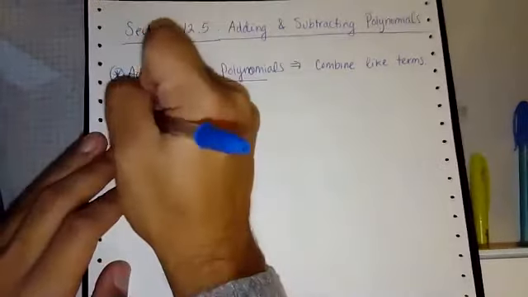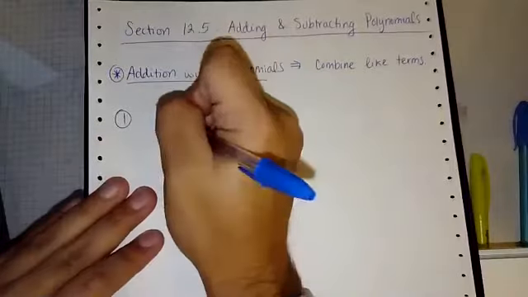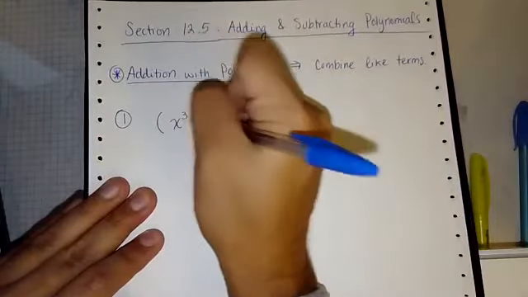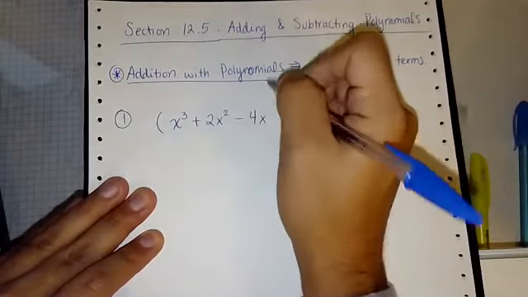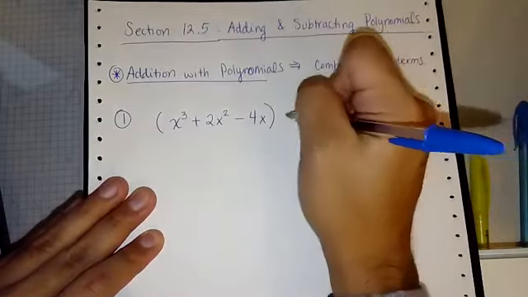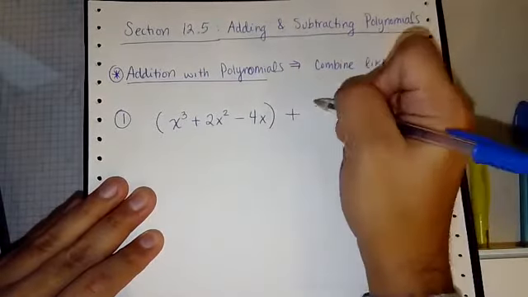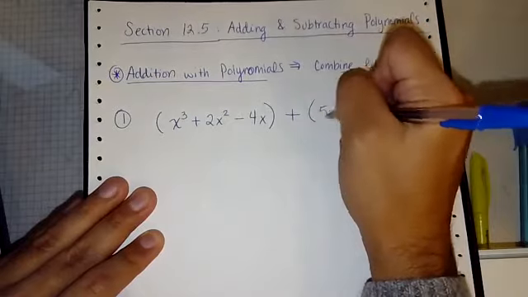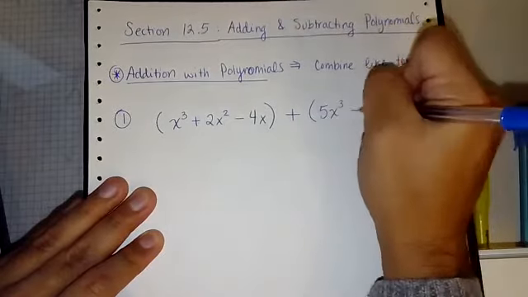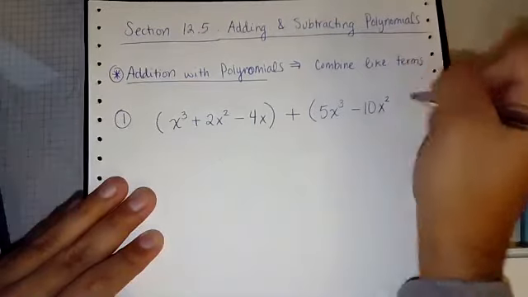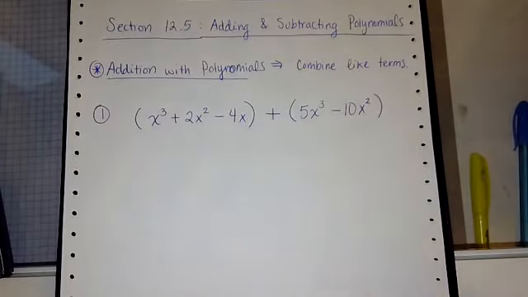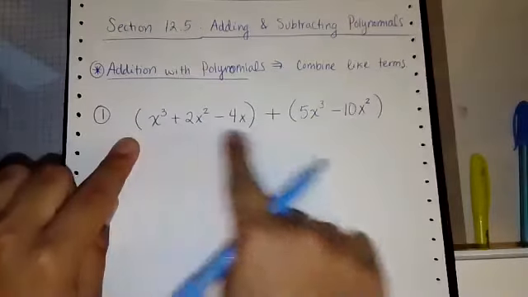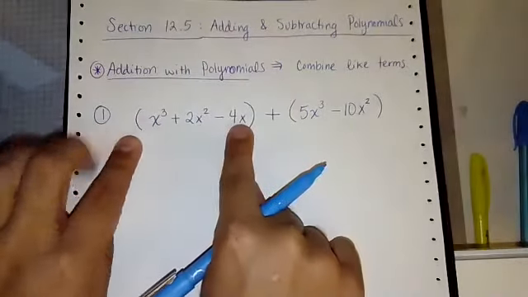So let's get some practice problems in. Let's say that I had the polynomial x to the third power plus 2x squared minus 4x. And then I added that to 5x to the third power minus 10x squared. So I want to be clear here a little bit. This has 1, 2, 3 terms.